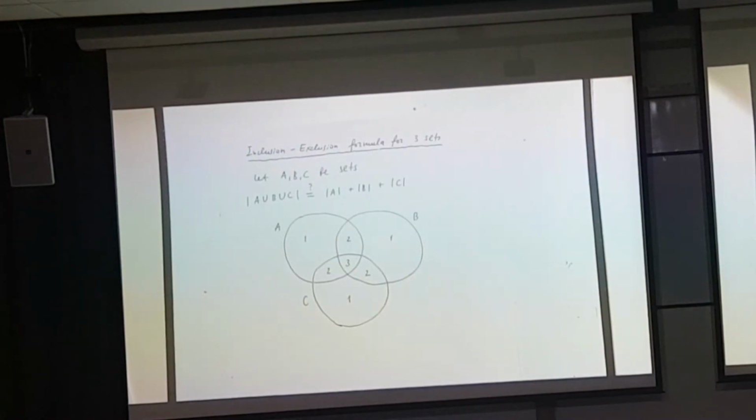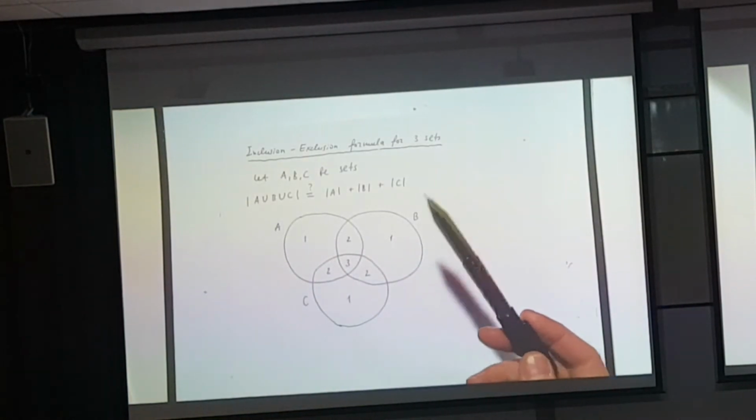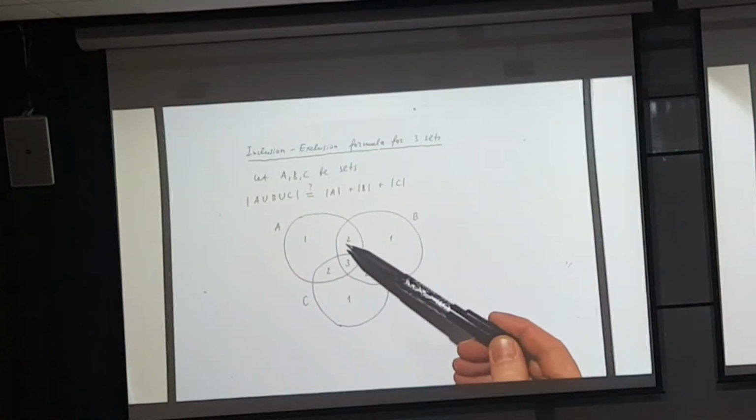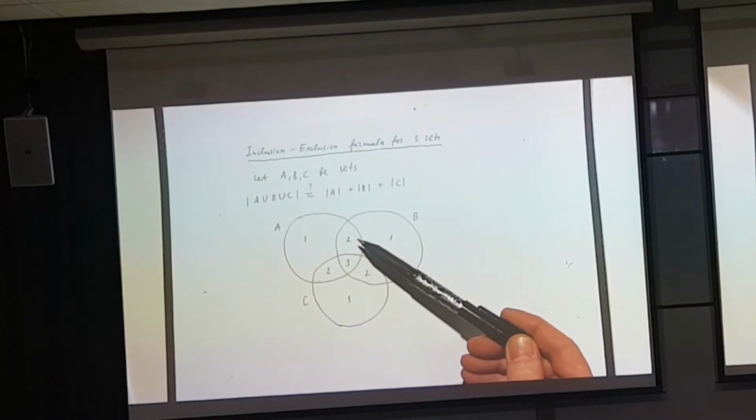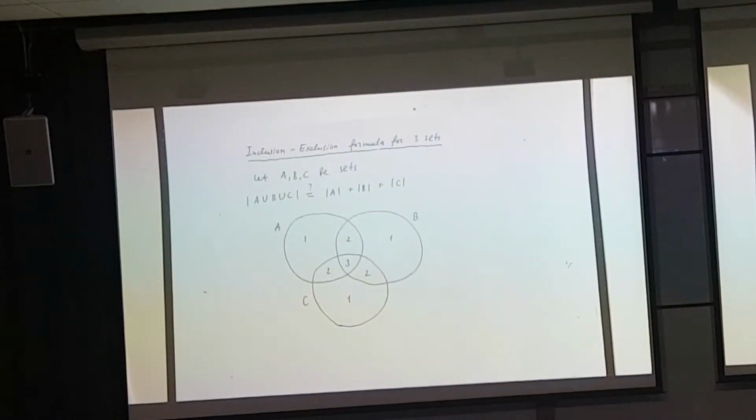So we need to introduce corrections to ensure that all elements are counted precisely once. The first idea is to correct first the elements which were counted twice by subtracting the numbers of elements in the pairwise intersections.